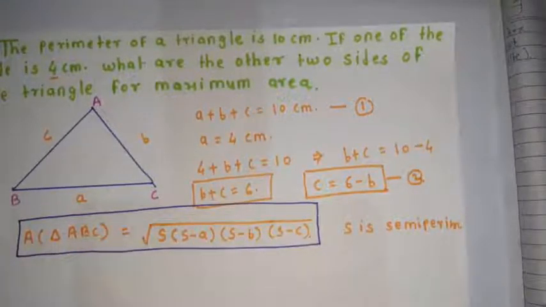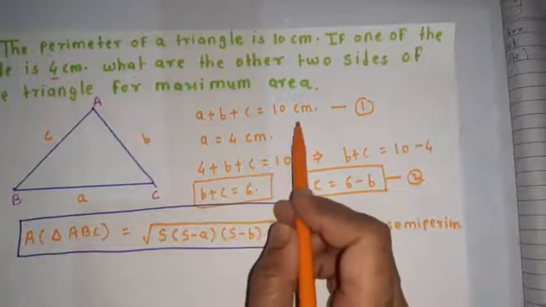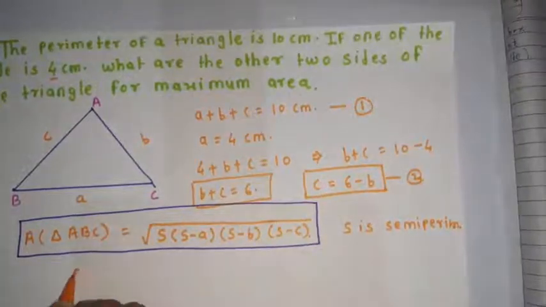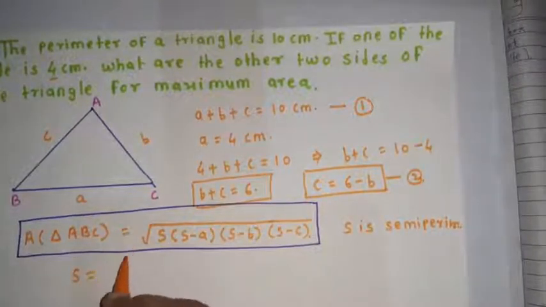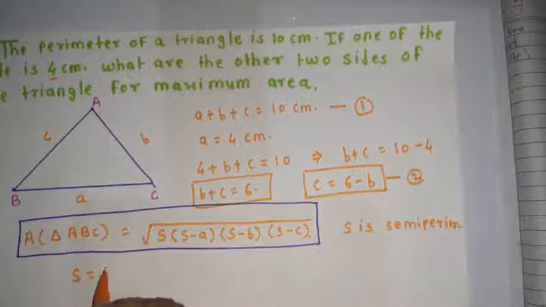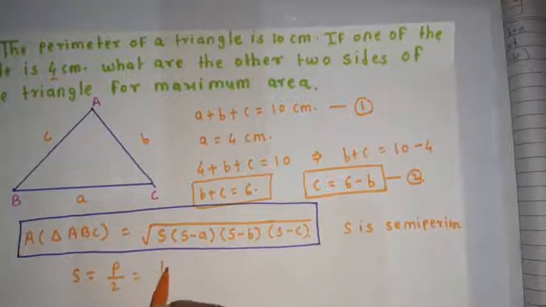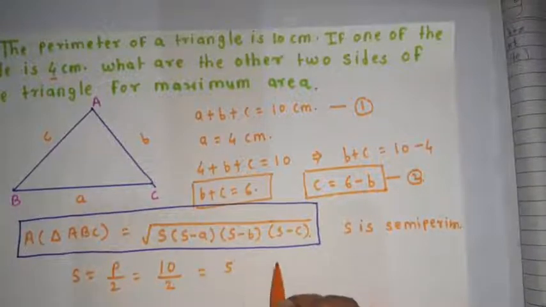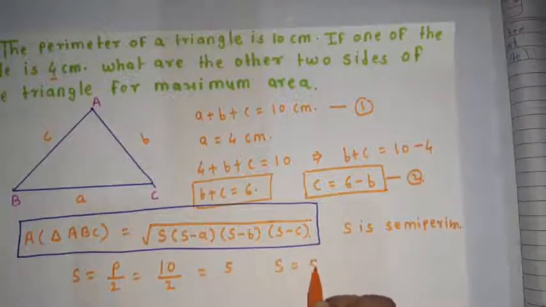Now as the perimeter is 10, the semi-perimeter equals perimeter upon 2, that is 10 upon 2, which is equal to 5. Hence s equal to 5.